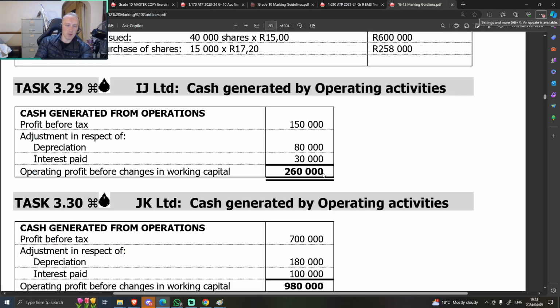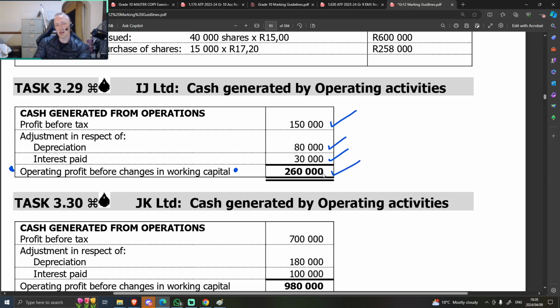Cash generated from operations, there's more to it than this, as we've spoken about. But to get the operating profit before changes in working capital, it's profit before tax, adjustment in respect of depreciation, so we're adding back depreciation, and interest paid, so we're adding back interest paid, and we end up with operating profit before changes in working capital of 260,000.